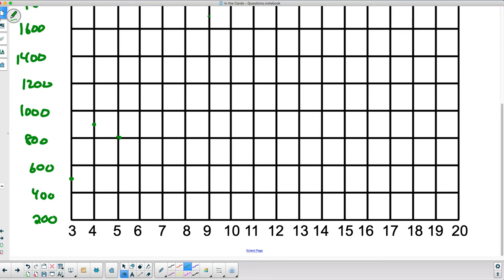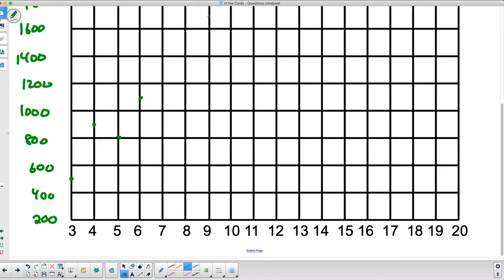But instead of flipping back and forth, because it resets my screen each time, I just have a copy of the element card arrangement handout, and I'm just going to go right across. The next one is 1086, which puts me in between 1,000 and 1,200, right there. I'm going to plot the points, and then draw the lines so I can show you what it looks like.